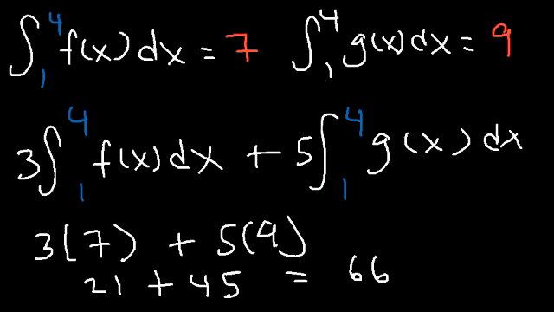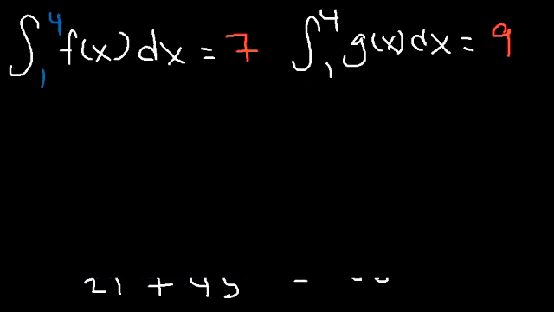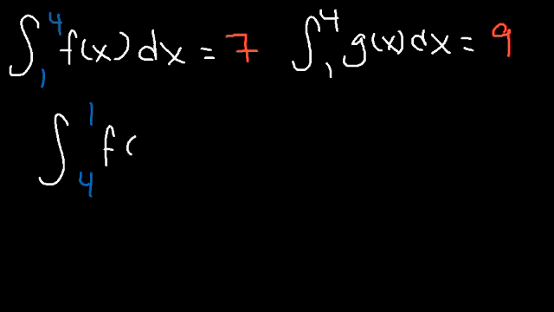Now, what is the value of the definite integral from 4 to 1 of f of x dx? What's going to happen if we reverse the numbers? If you reverse them, it's no longer going to be positive 7, but it's going to be negative 7.